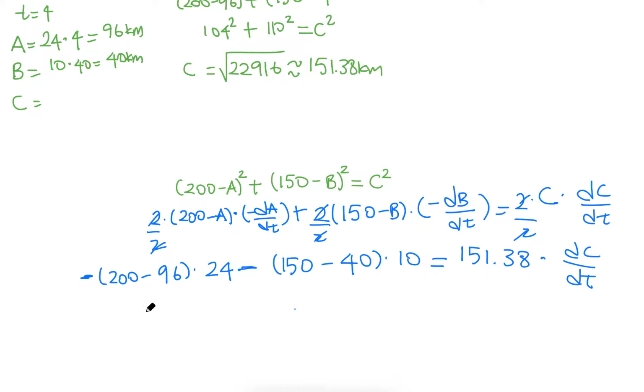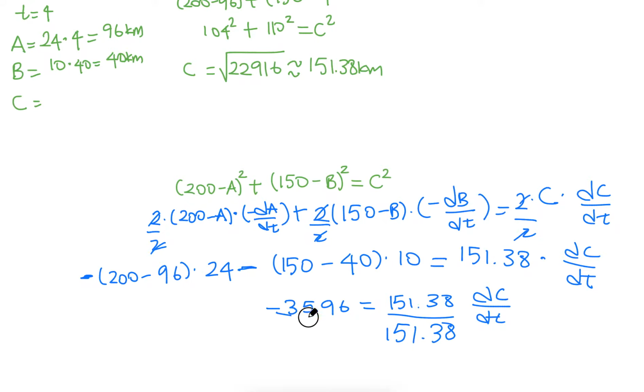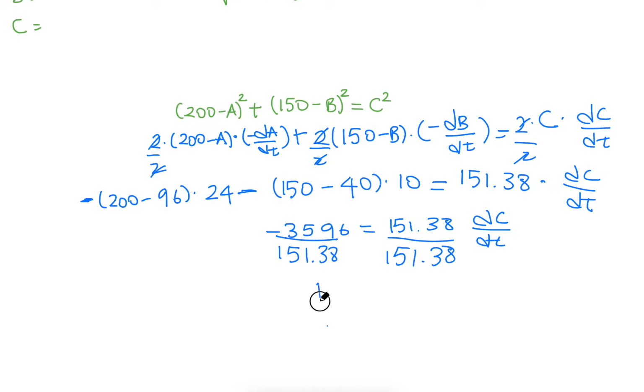If I do this computation on the left side, I should get negative 3596 equals 151.38 dC over dt, and divide both sides by 151.38. We get dC over dt equals negative 23.75. Again, I rounded several times, so this is really an approximate value, not exact.